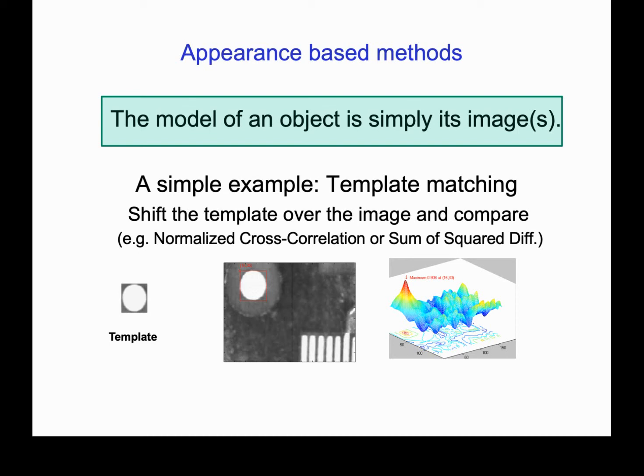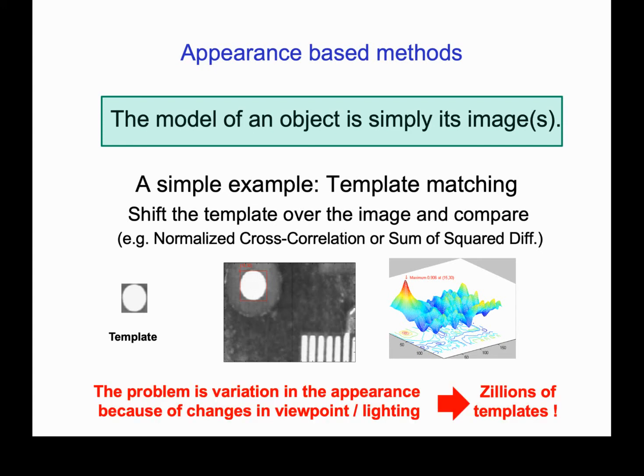Now notice that I use the image of a template. That means that I only have one pose of this image. So in order to gain any robustness towards pose or illumination changes, I need to increase the number of templates. So the problem becomes really huge.